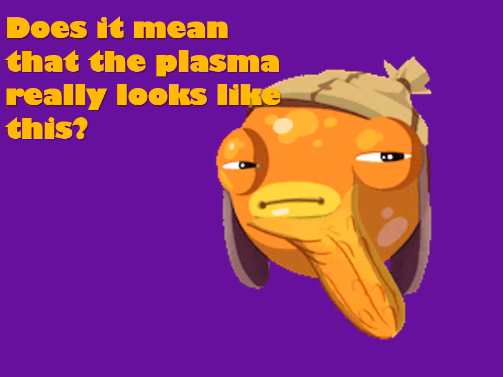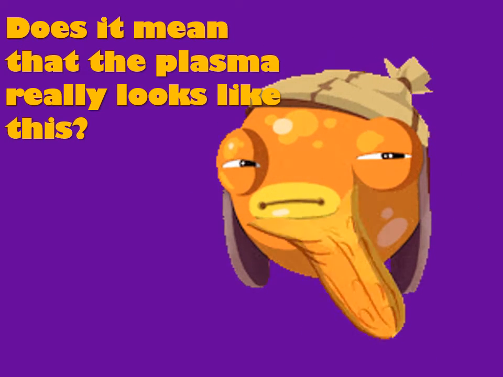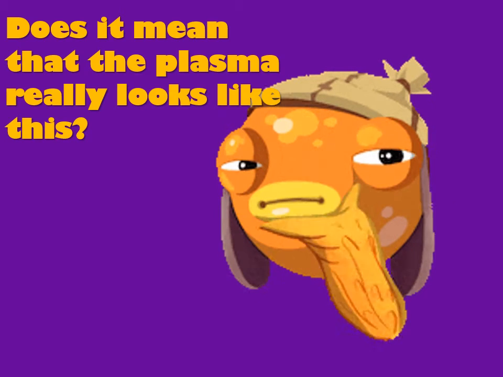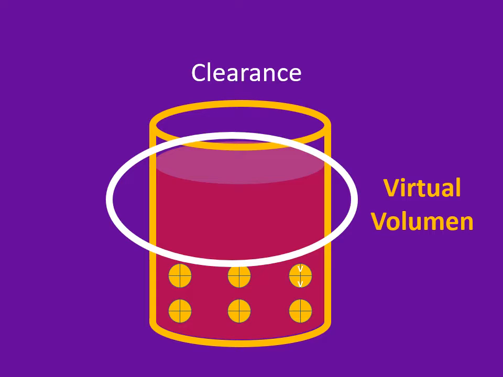Does the plasma really look like this? 100 milliliters devoid of any solute and the other half in equal concentration as before? No, of course not. Because this plasma that we said is devoid of any solute is what we call a virtual volume. It doesn't really exist.